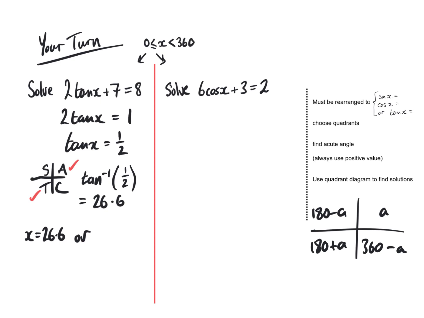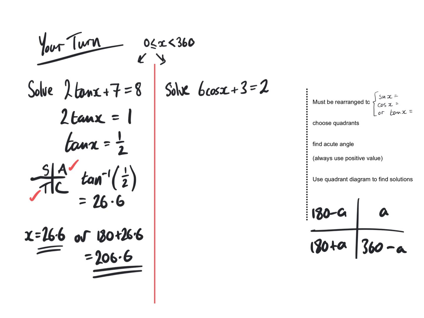Or, my other solution is in this quadrant, which has the rule 180 plus the acute angle. So 180 plus my acute angle here. I'm going to write out that calculation, 180 plus 26.6. And to quickly do that, that's going to be 206.6. And that is my two solutions for this trig equation.